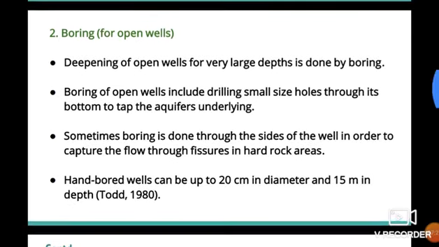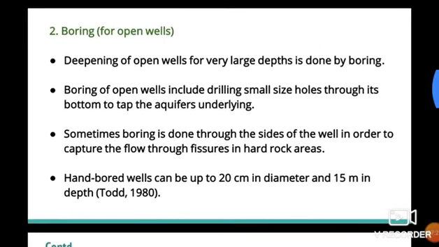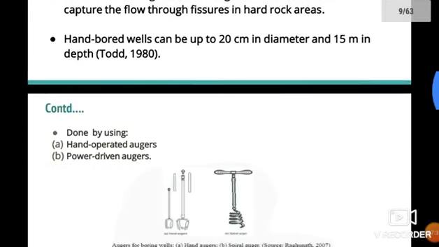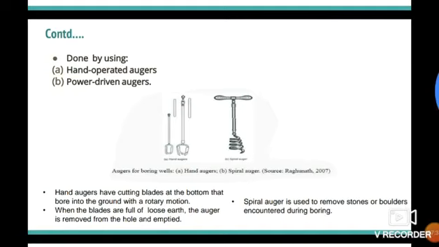We can do the boring by means of human energy, as well as electrical energy. Hand bored wells can be up to 20 centimeter in diameter and 15 meter in depth. If it is done by human beings, then we can use hand operated augers or spiral augers.